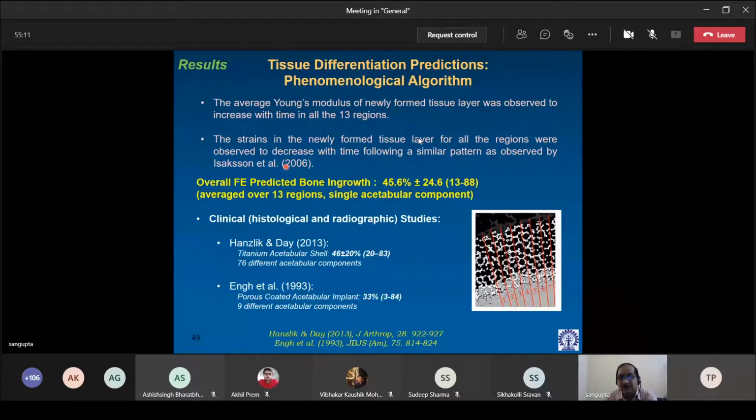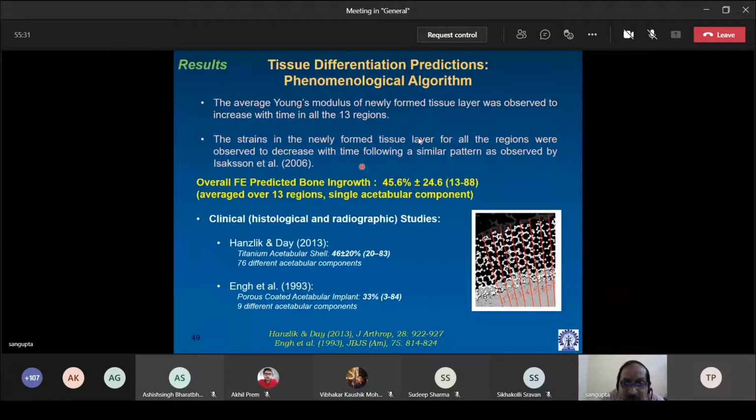Now, as I told you, this is a simulation, so we need to actually validate. Validation was not possible as we could not do direct experimentation or clinical feedback studies. We had to rely on other studies being performed.